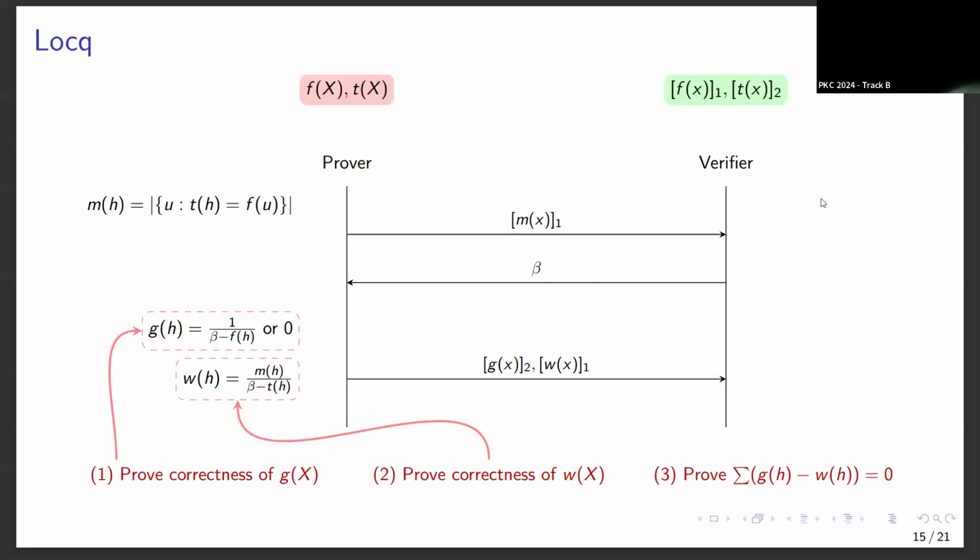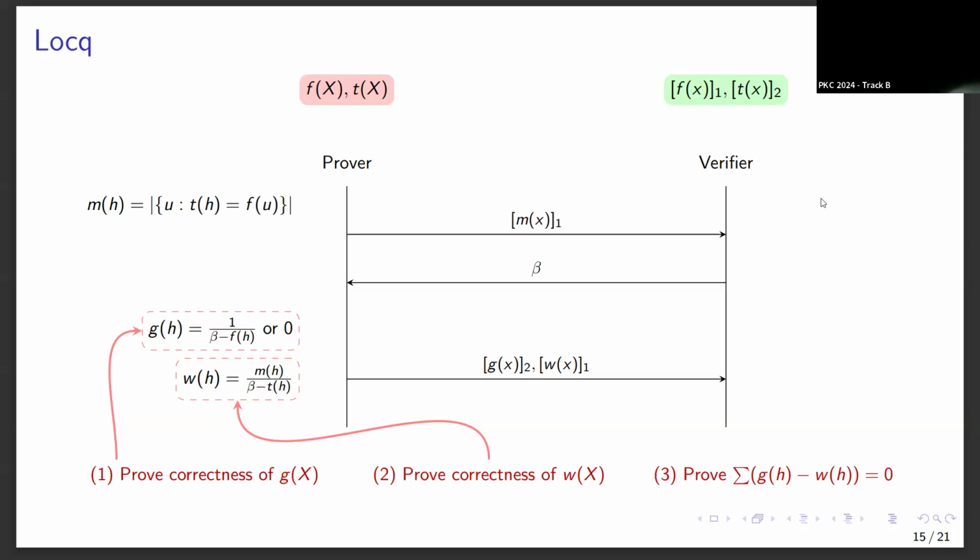Here is a step-by-step explanation of our protocol. The prover has as input the two polynomials, and the verifier has the commitments to these two polynomials. The start of the protocol is the same as in CQ. The prover prepares the counting polynomial m(x) that encodes how many times each table entry appears in the subvector, and sends the commitment to this polynomial to the verifier, and it receives the challenge beta from the verifier.